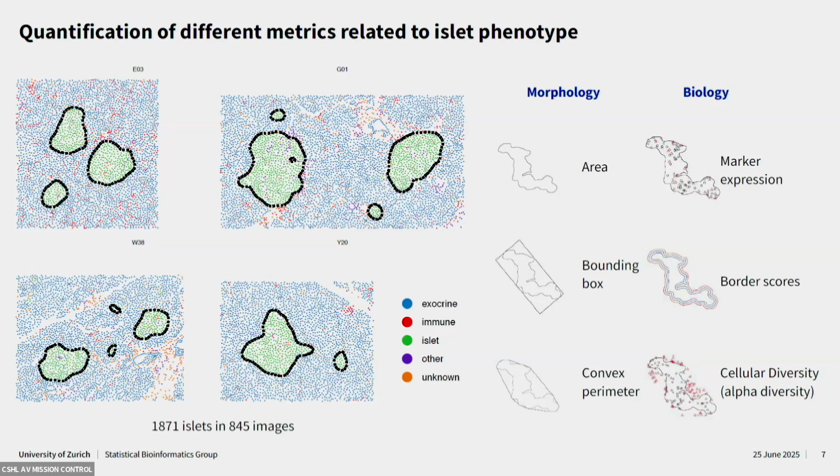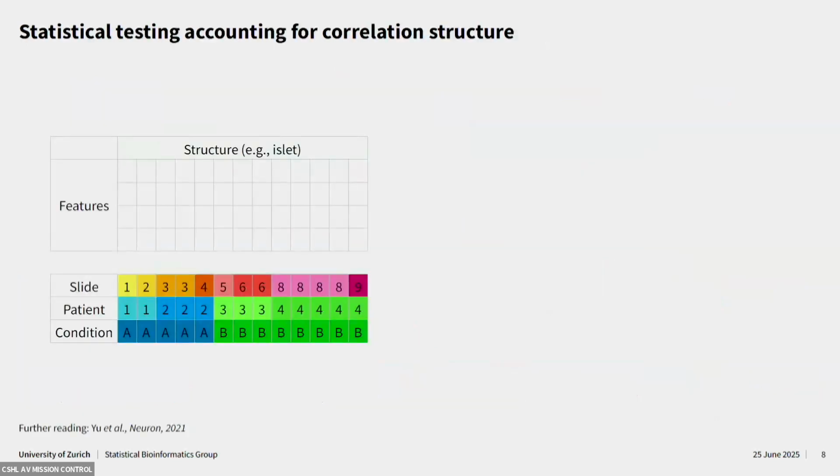Then there are different aspects we would like to quantify, similar to what we have seen with H&E images. Here we do it on the level of the cells from spatial omics technology. So we quantify morphology, and we can also quantify metrics that are more related to biology. Once you have quantified a lot of things, of course, you will be interested in finding what changes between conditions, so performing multi-sample, multi-condition comparisons. One thing that is very important with this type of data is to be aware of the correlation structure.